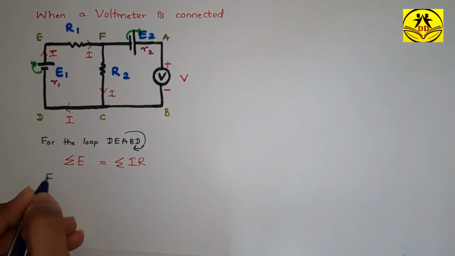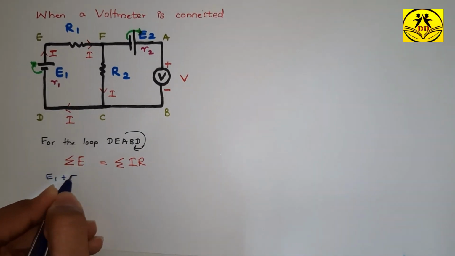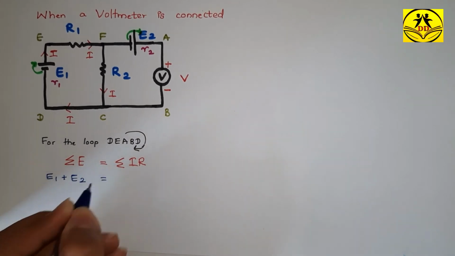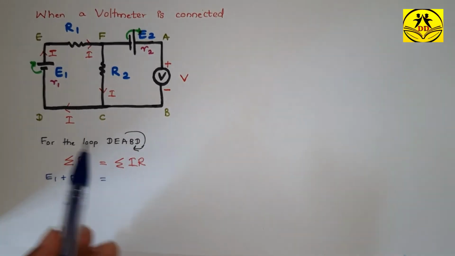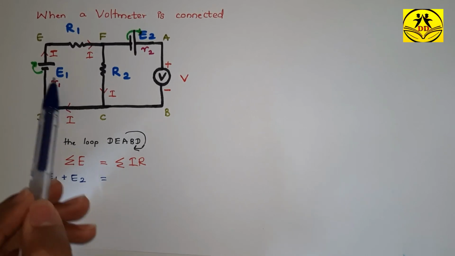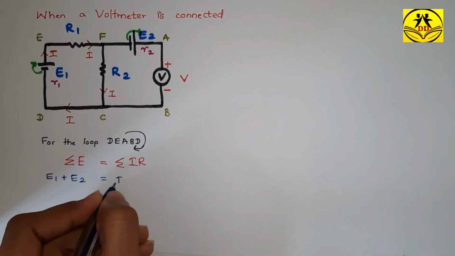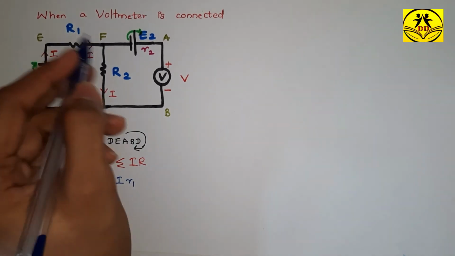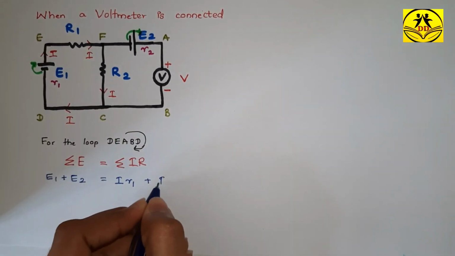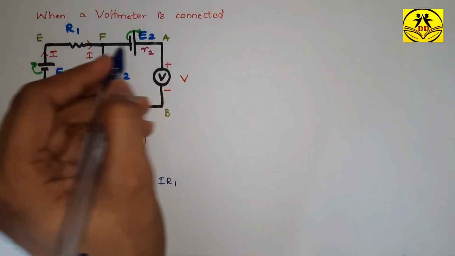So it's E1 plus E2 equals, now sigma IR. Here you see this internal resistance in the same direction as the current, I times capital R1.